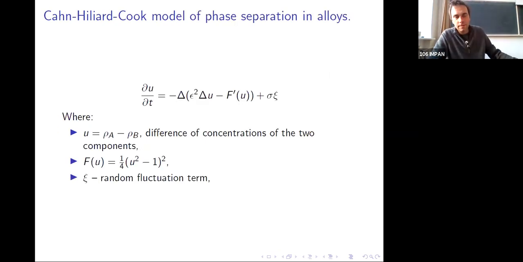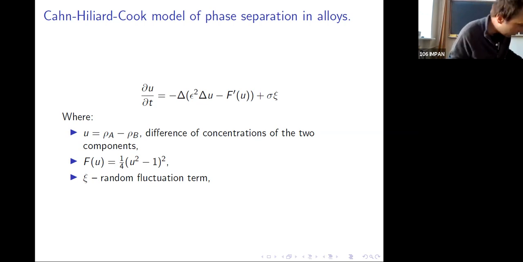So we are looking at the Cahn-Hilliard-Cook model. Again, I'm not the one who is dealing with PDEs, but that's essentially a standard Cahn-Hilliard equation, and we have the stochastic term, which is due to Cook. What we are looking at is the difference of the concentrations of two components. So for instance, this equation is used to model the following situation.